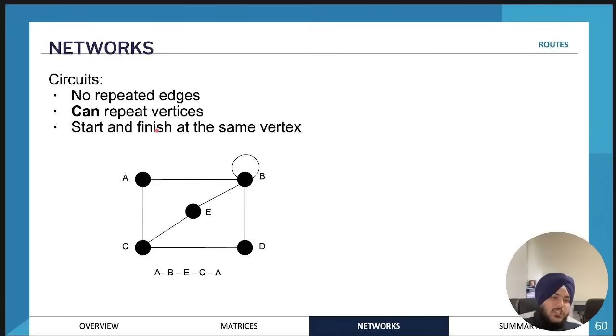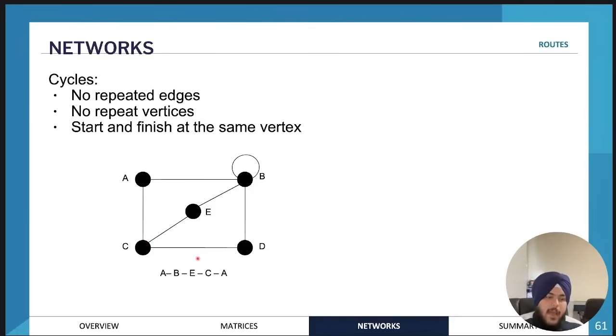So a circuit is essentially just a trail: you're not repeating any edges, but you can repeat vertices. But you need to start and end at the same vertex.